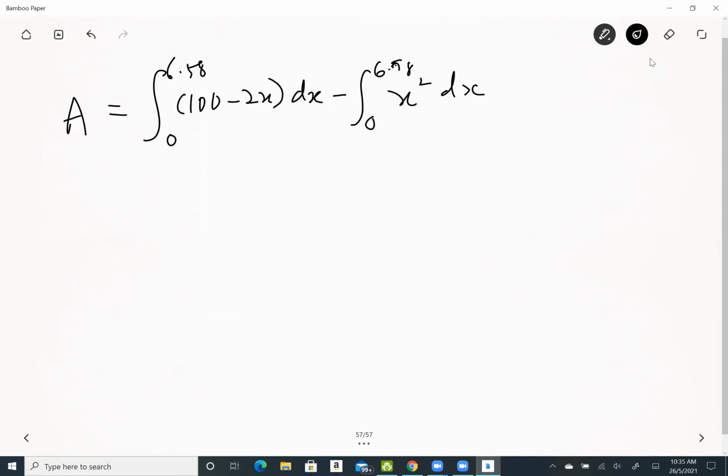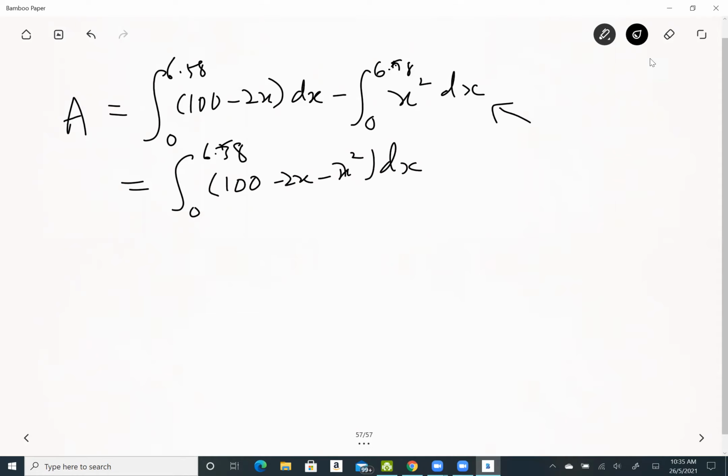Either you can combine the two by using the property, so this equals the integral from 0 to 6.58 of 100 minus 2x minus 2x squared dx. Or you can do it right away, get the two integrations. Or if you subtract and then get the integral, that is also fine.